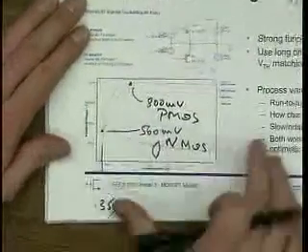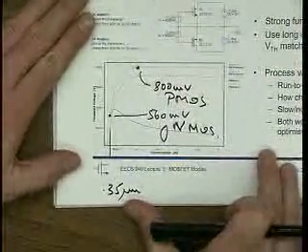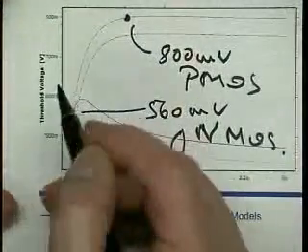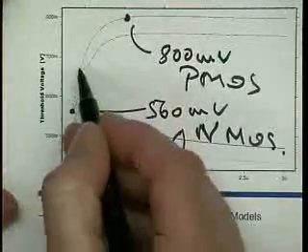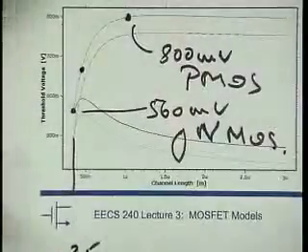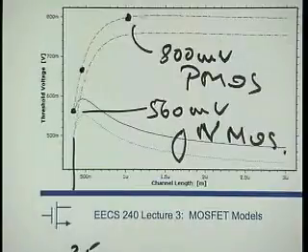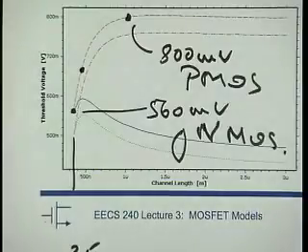Imagine that I made a device that had, let's say, half a micron channel length here. Well, the channel length also varies a little bit, right? Depends on this $1 million lithography tool and probably a few other things. Anyway, it's going to stray a little bit.